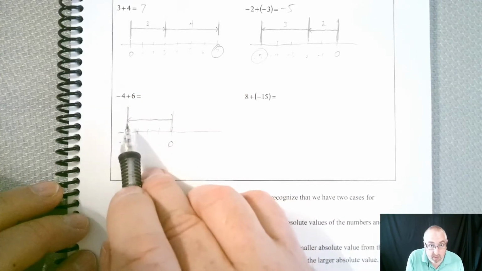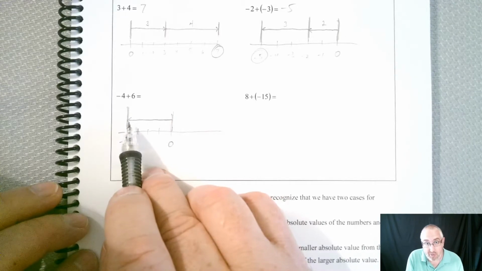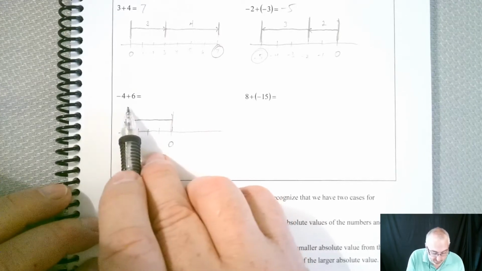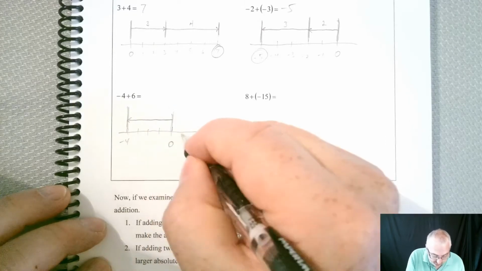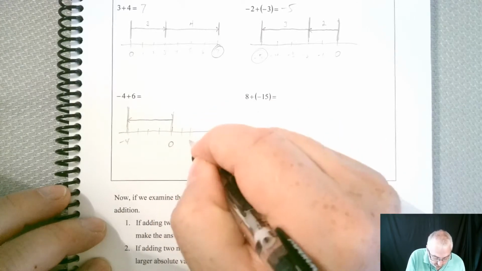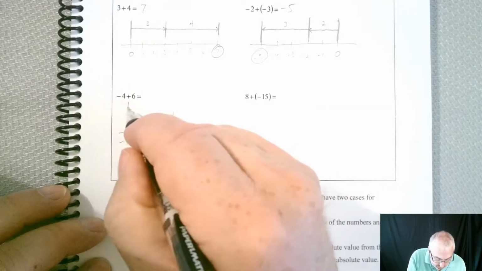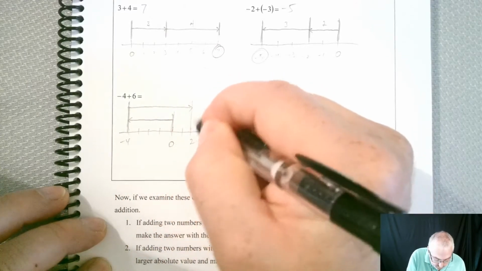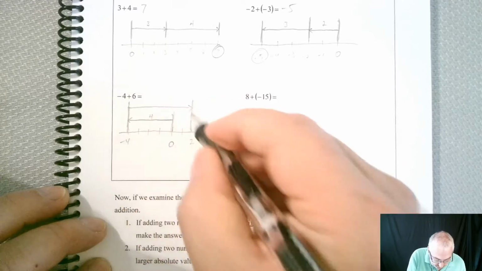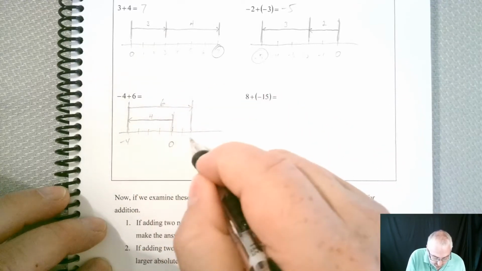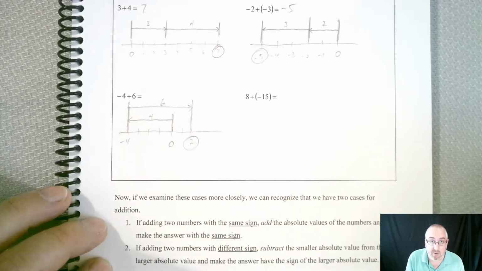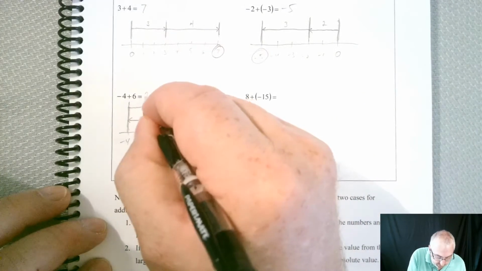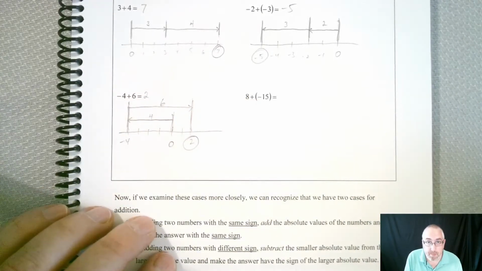From where we left off, we go back the 4 we went, and we go a couple of extra ones to make a total of 6 units. So we went 4 to the left and 6 to the right, so we ended up at positive 2. The answer should be a positive 2.